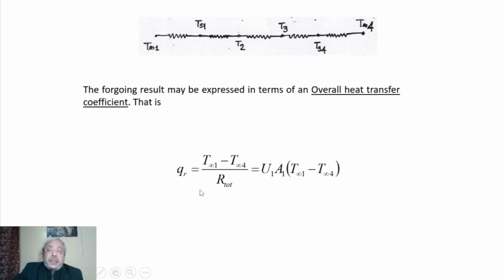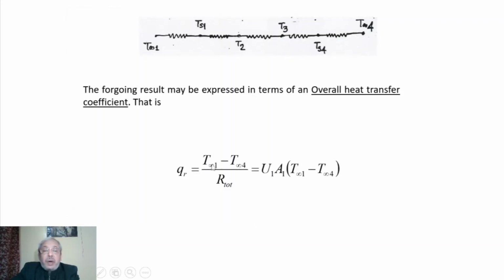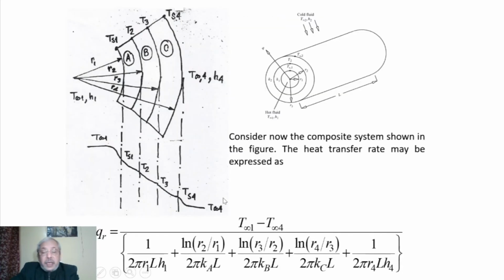So QR, we have already seen, is T infinity 1 minus T infinity 4 divided by the overall resistance, this is the total resistance. Again, this is the total resistance.